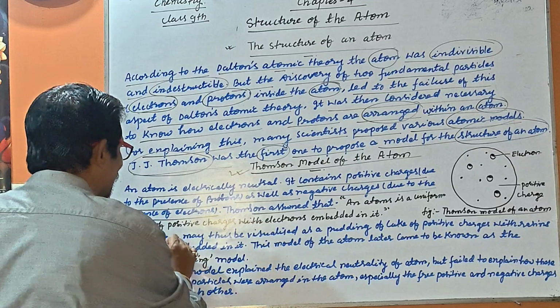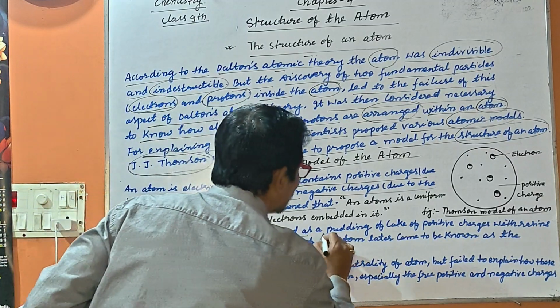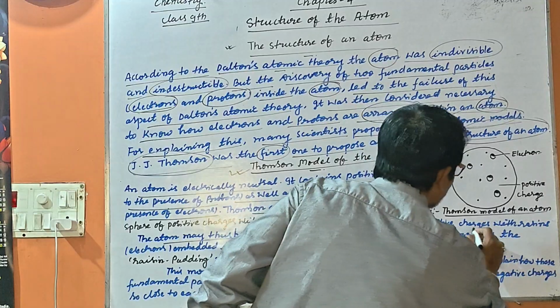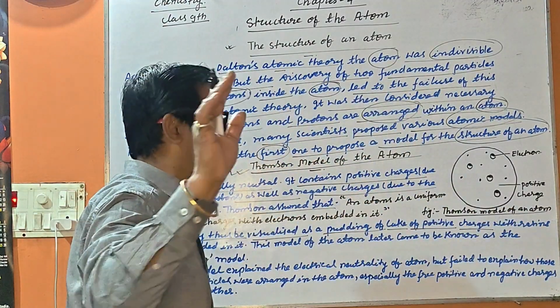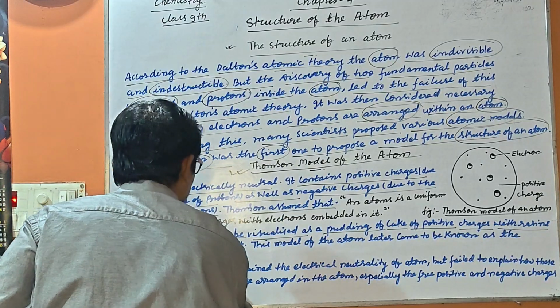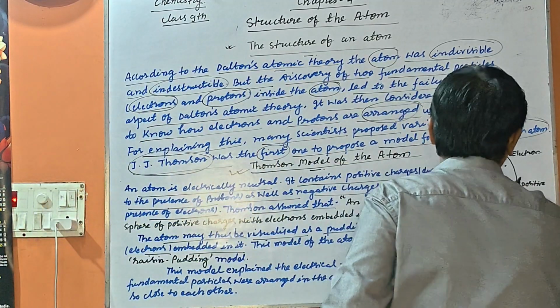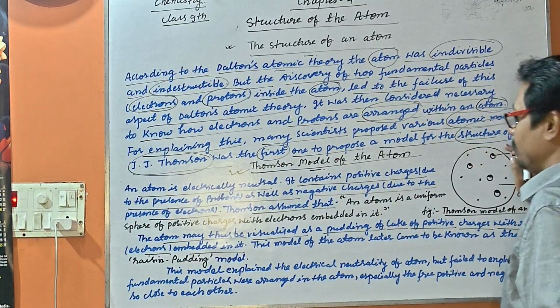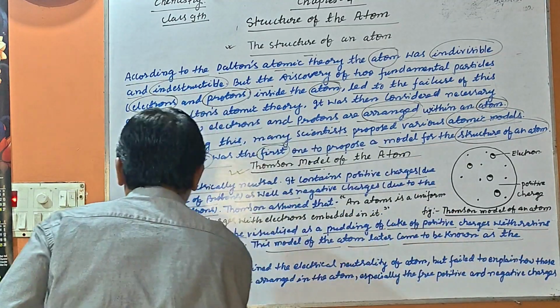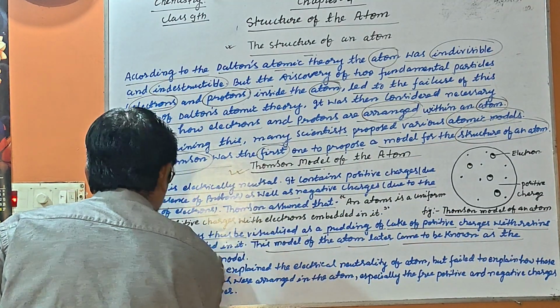The atom may be visualized as a pudding or cake, or a watermelon of positive charges. In some books, like NCERT, you can see the watermelon, with the raisins being the electrons embedded in it. This model of the atom later came to be known as the raisin pudding model.